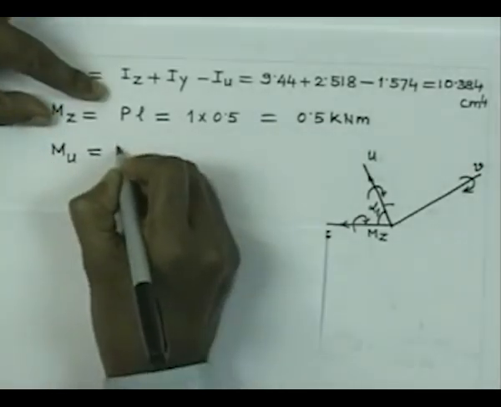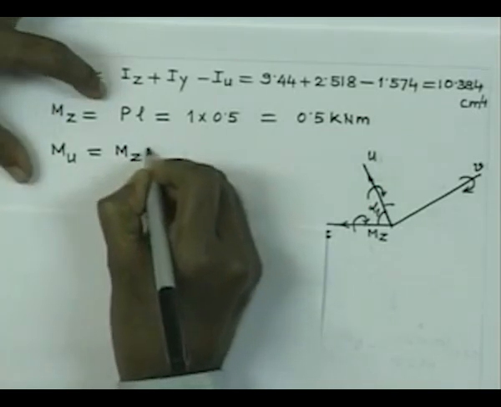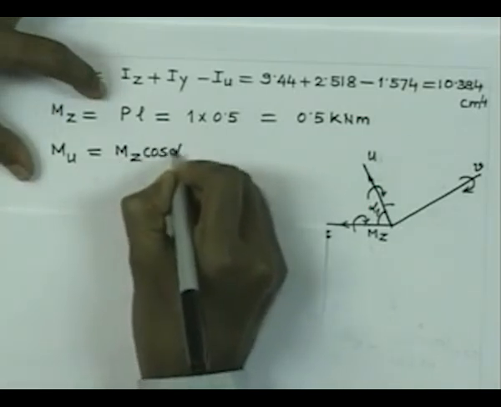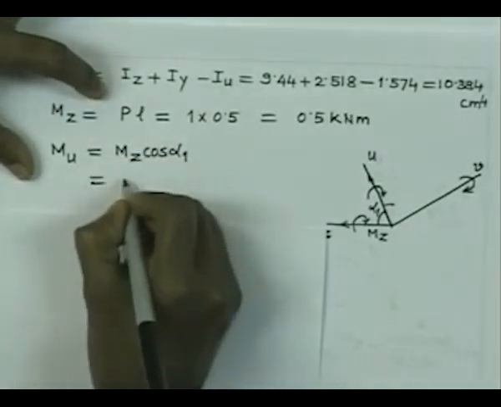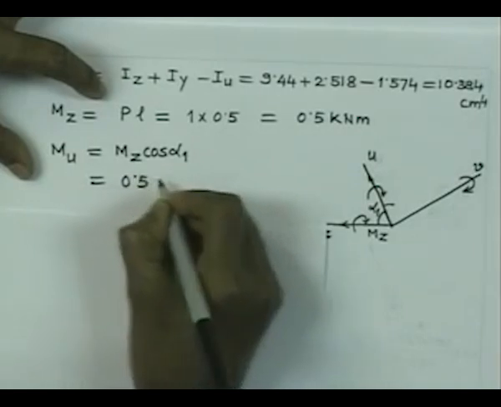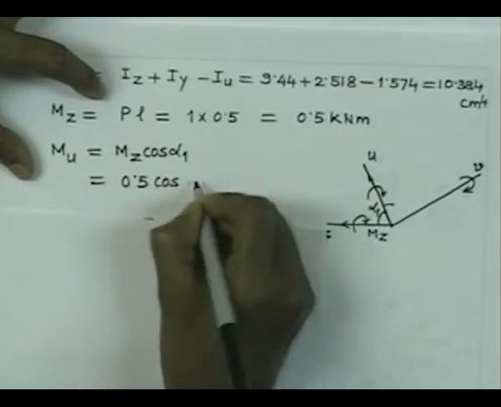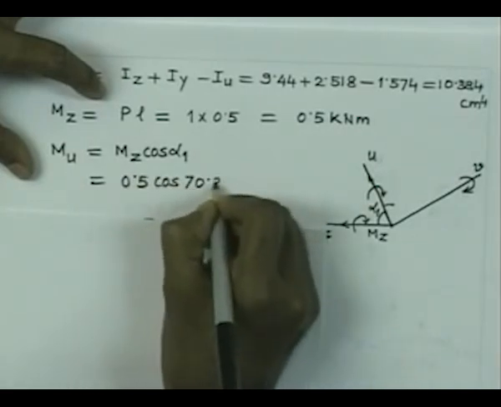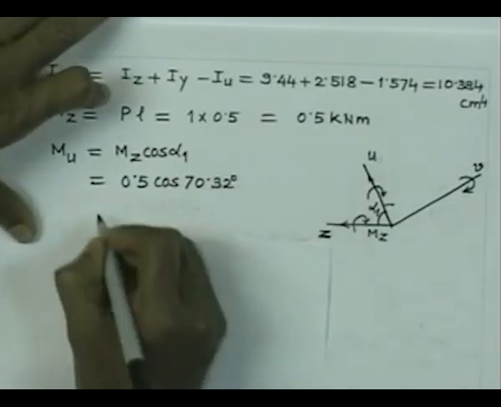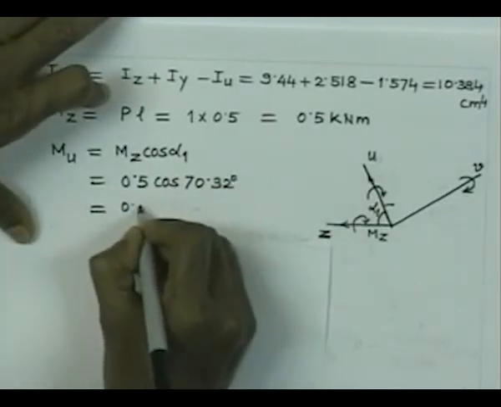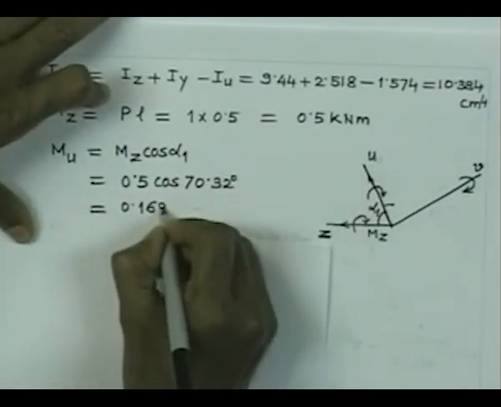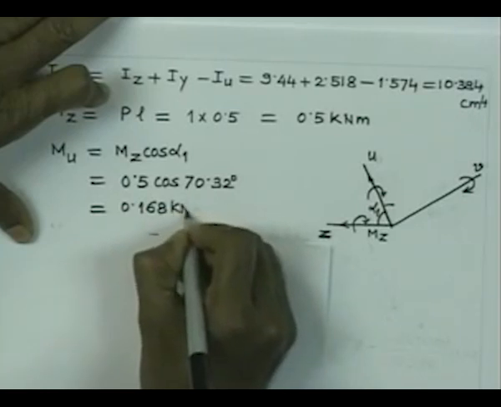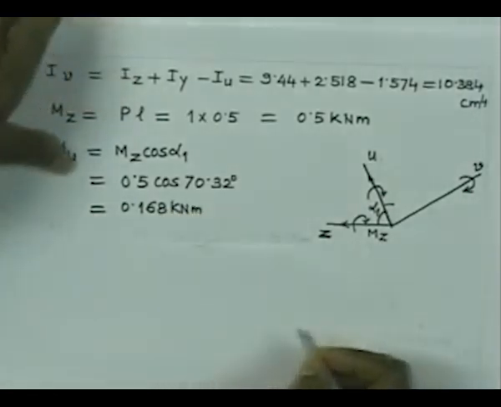So, I now have Mu equal to Mz cosine alpha 1, and therefore, this is 0.5 cosine 70.32 degrees, and this is nothing but 0.168 kilonewton meter.